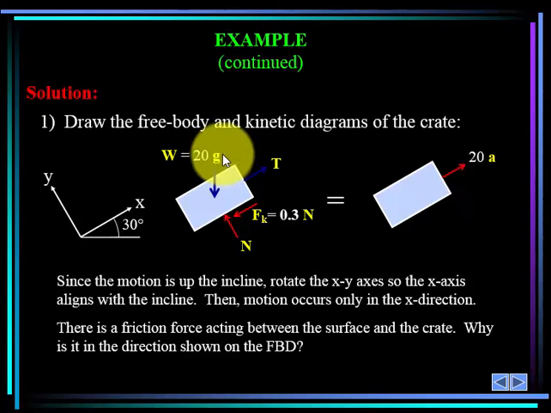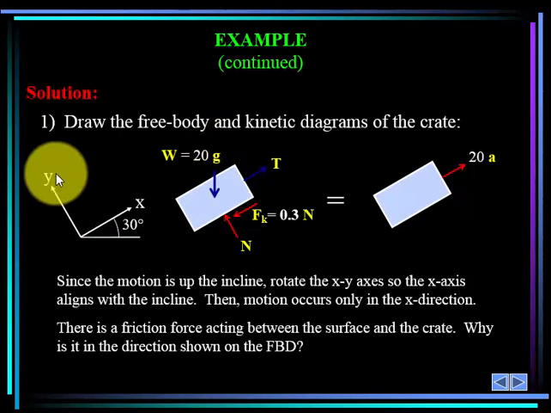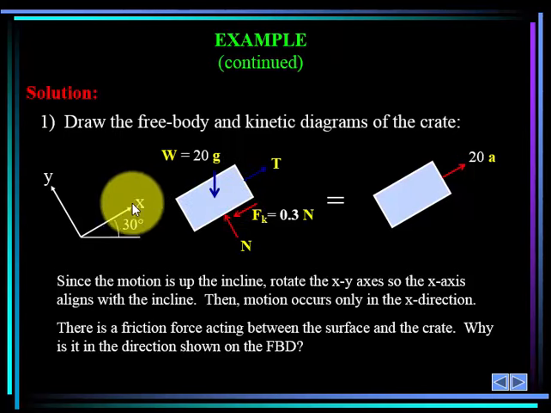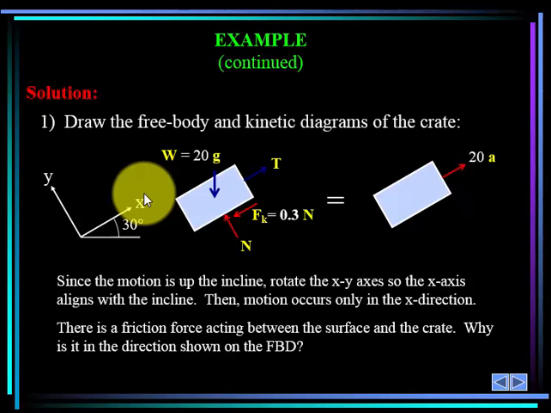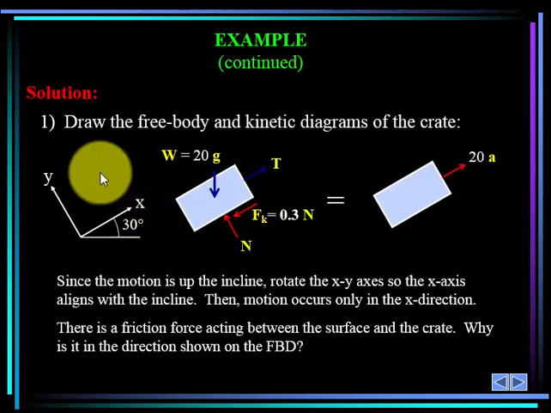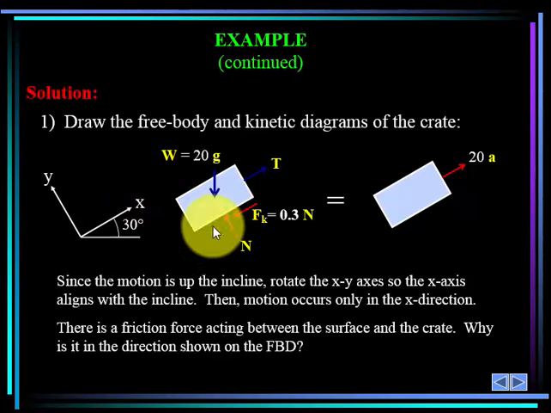And we have a component of the gravitational force in the y direction, but because our axes are slanted, there's also a component in the x direction. And if we're going to sum forces in the vertical direction or the y direction, we will have a positive normal force in the y direction, and we will have a weight times the vertical component. In this case would be the cosine of the 30 degrees.